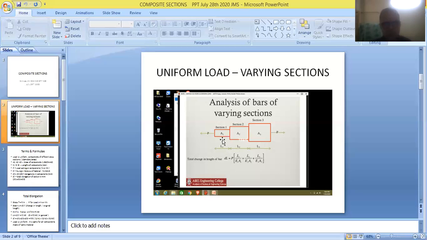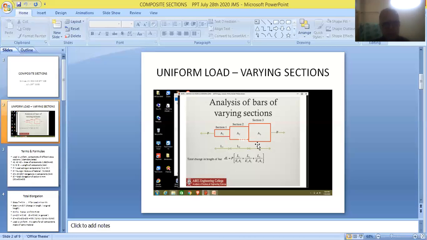So the first one is the smallest component, the third one is the biggest component, and the second one is a medium component having a medium area of cross section.